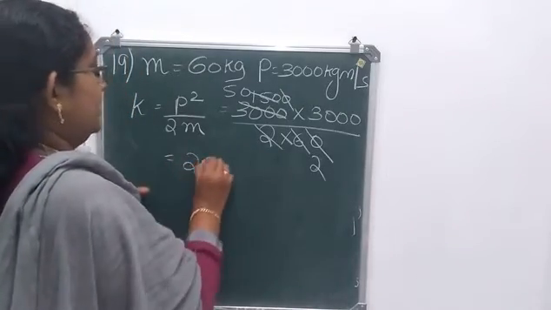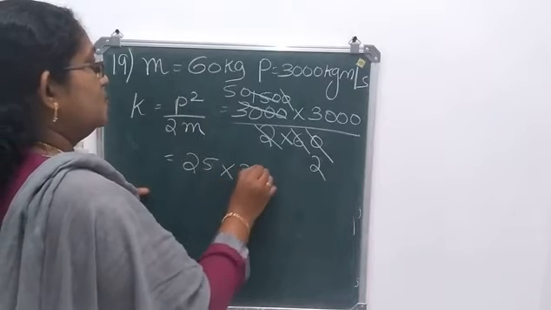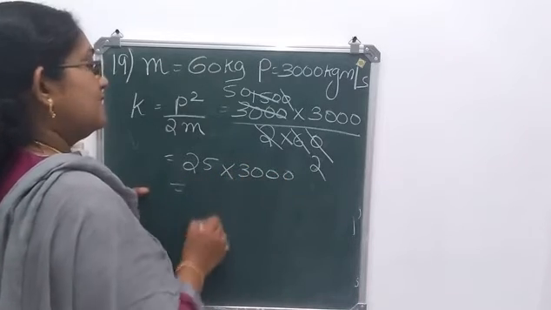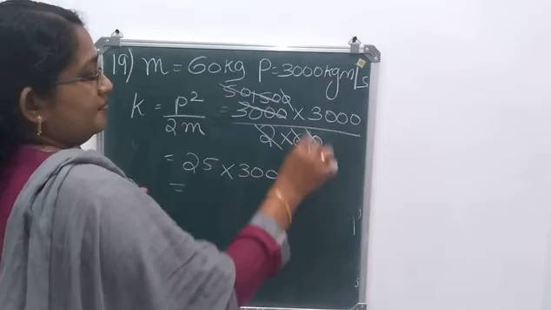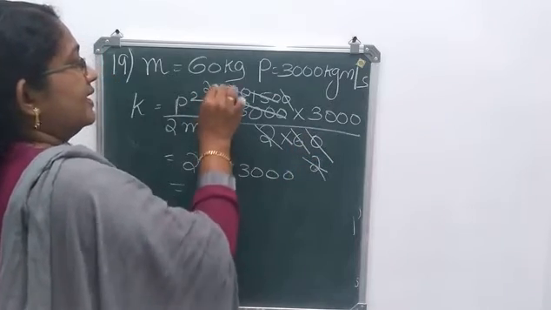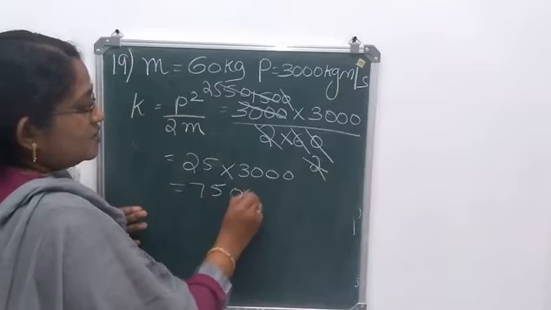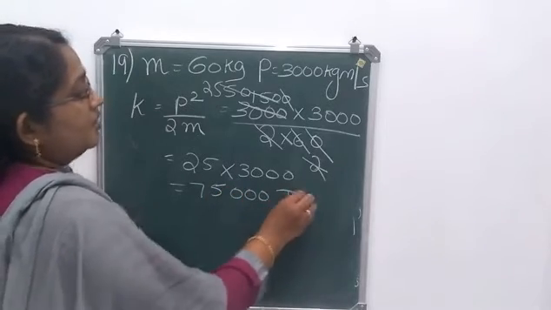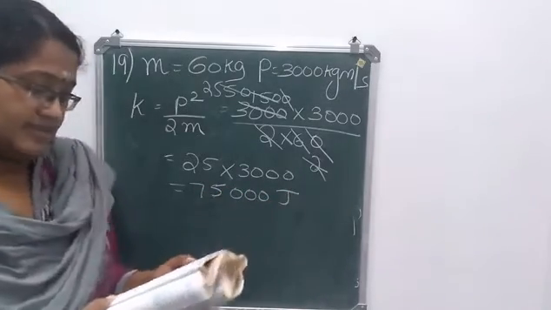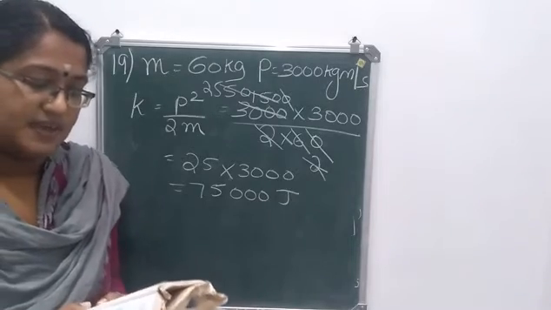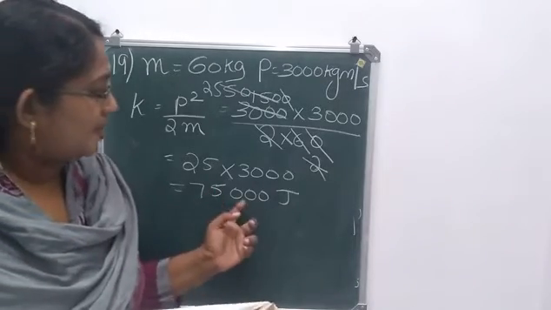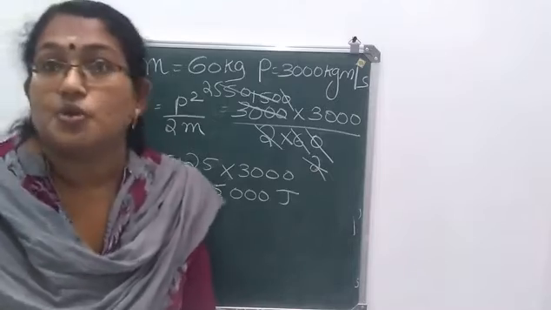So we will be getting 25 into 3000 by 2, that is why we are getting 25 here. 25 into 3 is 75. So 75,000 joule will be your answer. 75,000 joule is given as 7.5 into 10 raised to 4 joule.